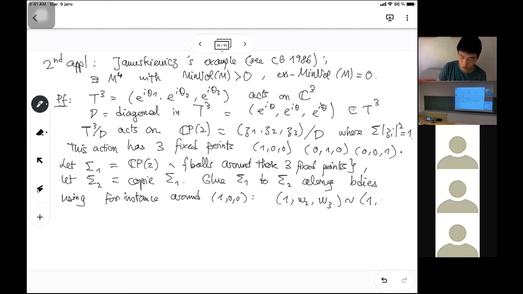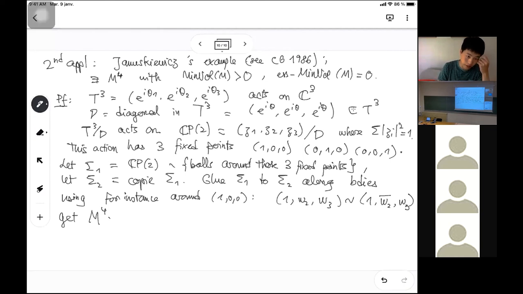It doesn't really matter for us. You just need to reverse the orientation so that the resulting closed manifold is well oriented. So you get M, the gluing of sigma 1 with sigma 2.